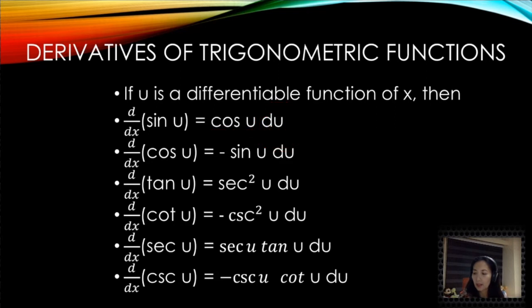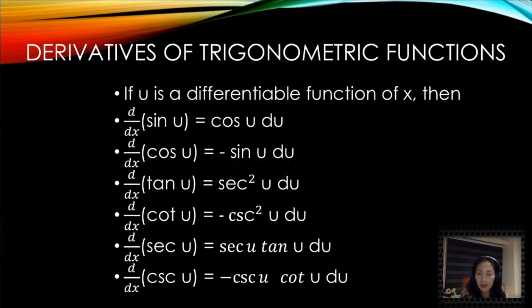Next, the derivative with respect to x of cosine u, where u is still differentiable, is equal to, again, do not forget, negative sine u times du, the derivative of u with respect to x.